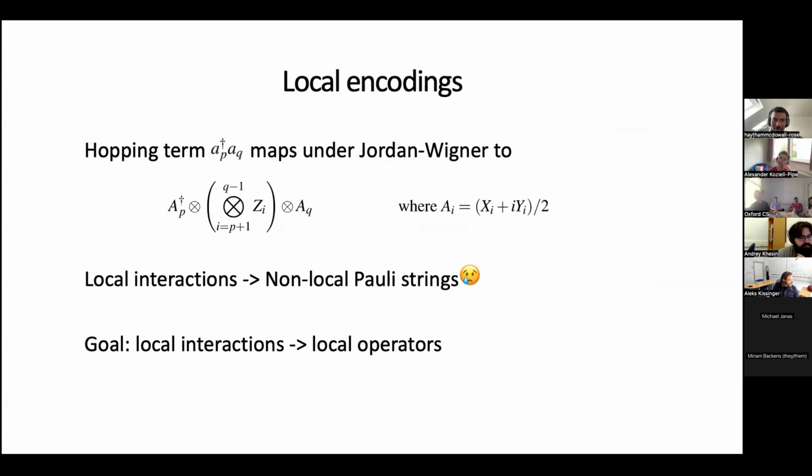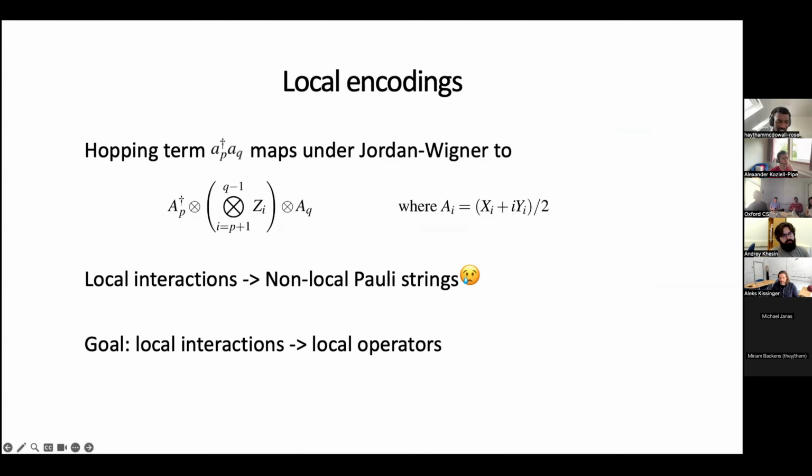So we are sad because our local interactions, P and Q, they're just two fermions, but in mapping them to qubits we have to act on all these other qubits as well, which we'd really prefer not to do. So how do we fix that?